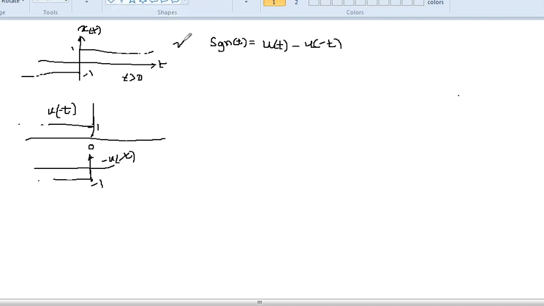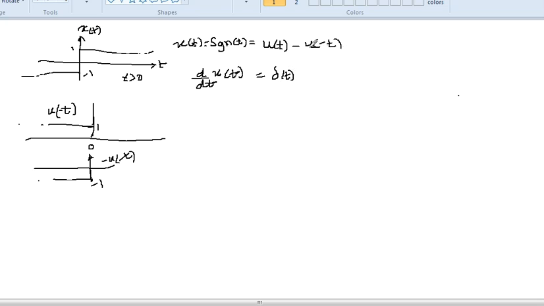Now this is our x of t. If we go for finding d by dt of x of t, it is nothing but the differentiation of the above equation, that is sgn of t. So the differentiation of u of t is del of t.